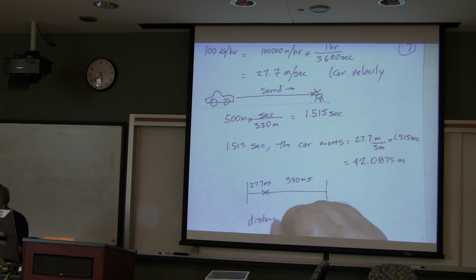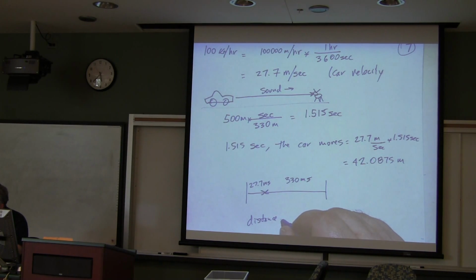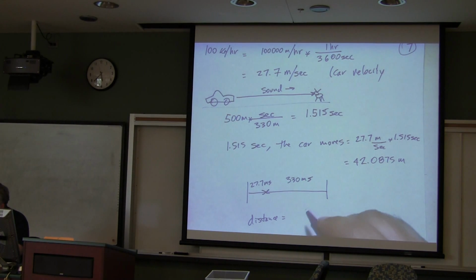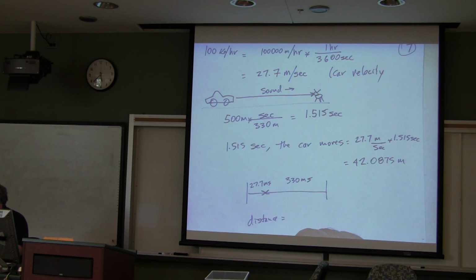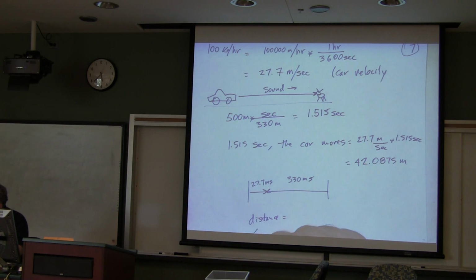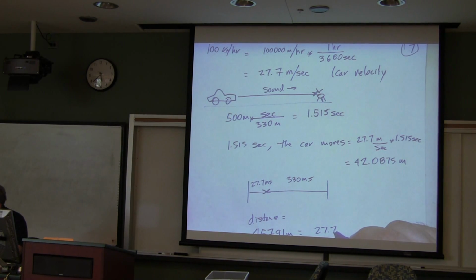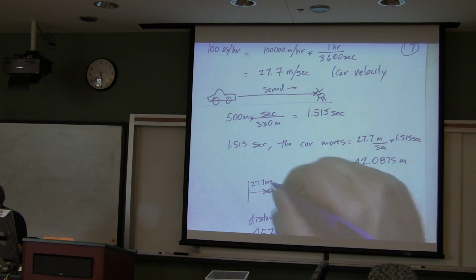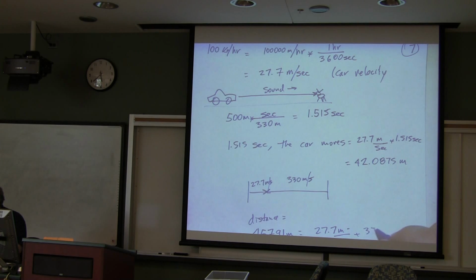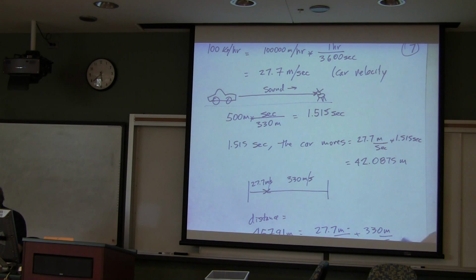Our distance, 457.9125 meters, is going to be equal to 27.7 meters per second plus 330 meters per second, by the way, multiplied by some t seconds.